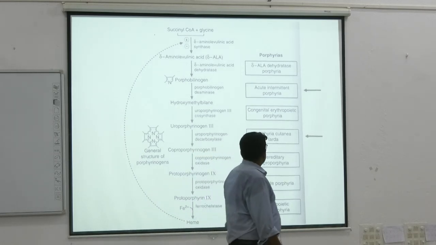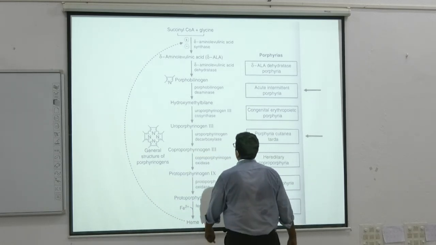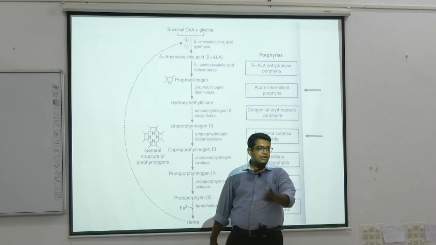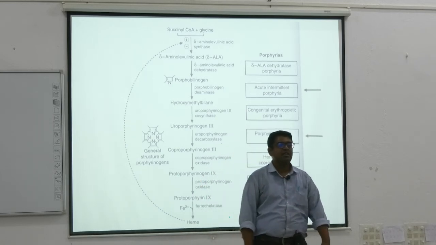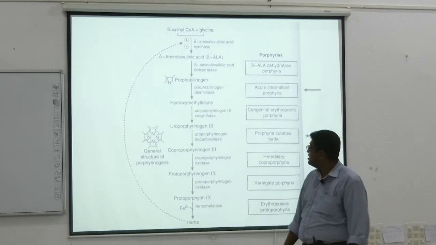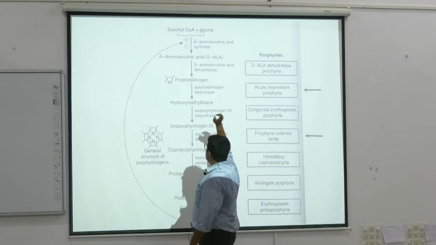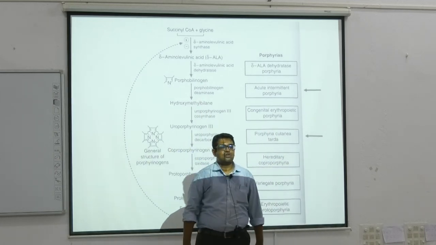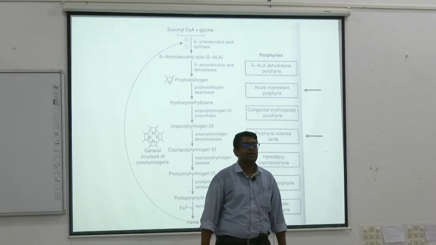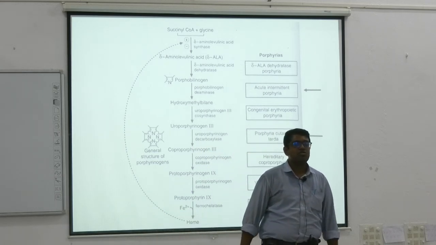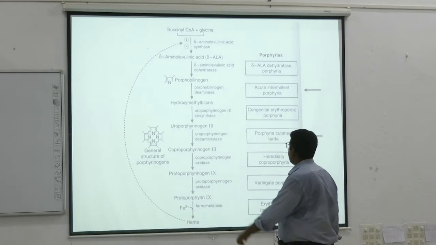Okay. The second is porphobilinogen, which will be acted upon by porphobilinogen deaminase. Okay, and the deficiency of this enzyme will cause acute intermittent porphyria, which is the most common hepatic porphyria.